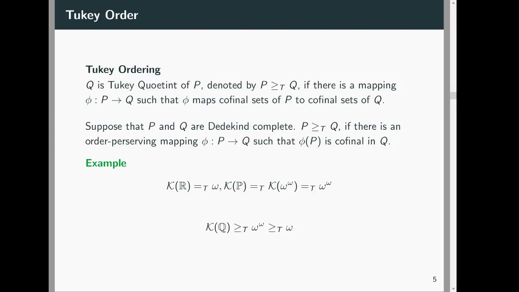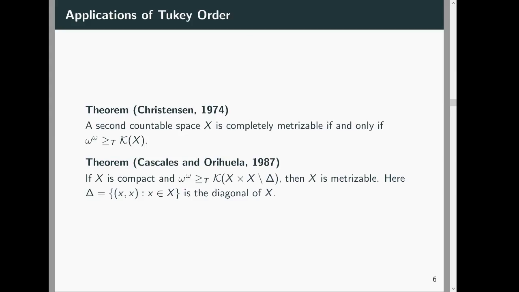As some examples, K(Q) is Tukey equivalent to omega, and K(P) is Tukey equivalent to omega, and also we have that in the sense of Tukey ordering, K(Q) is the biggest. And so some applications: if you have a second countable space, this is completely metrizable if we have this condition.